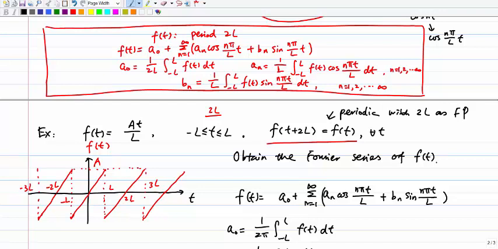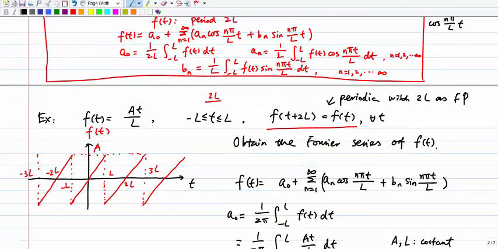My goal is to obtain the Fourier series for this function f(t). On the left hand side I show a picture of this function, which looks like a saw-like signal.